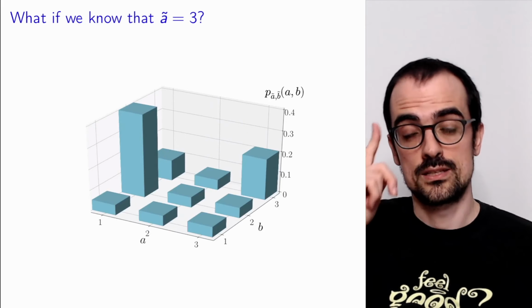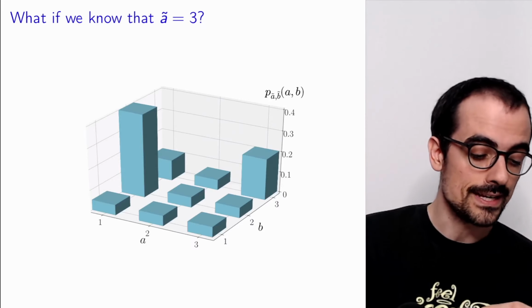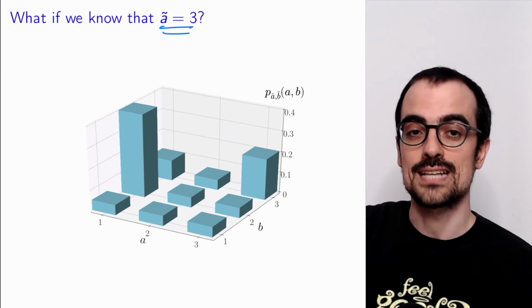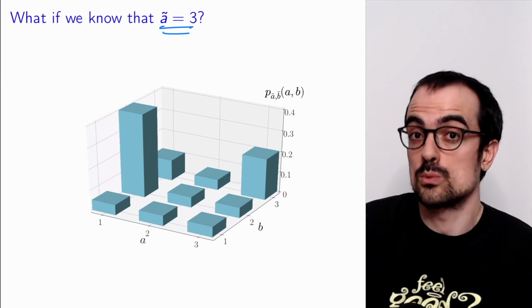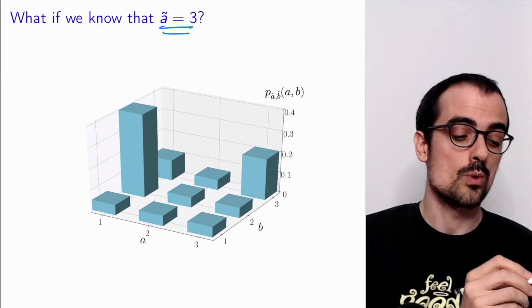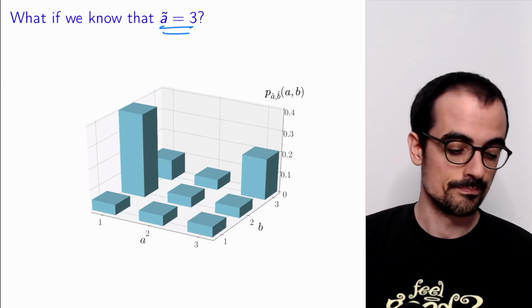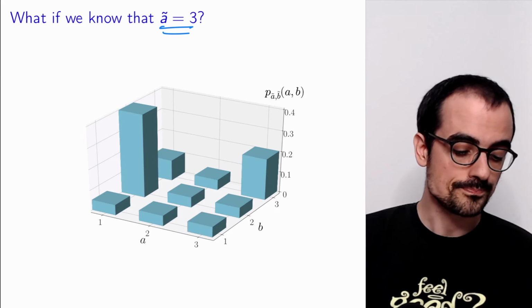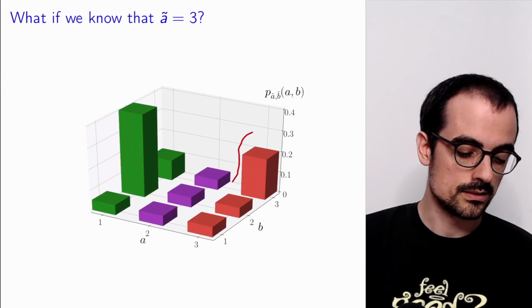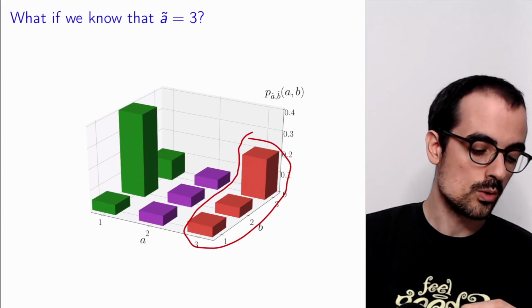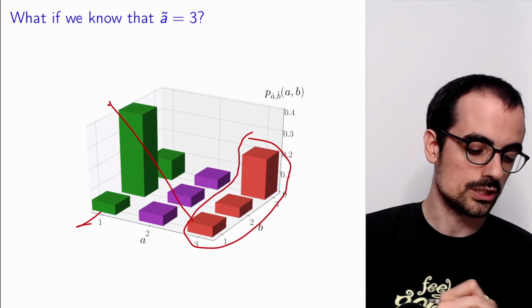Now, a different issue is when we want to actually fix one of the random variables. Maybe it has been observed, or maybe we want to see what would happen in this hypothetical scenario where that variable in particular would be equal to 3. Then what happens here is that we're only in this part of the joint PMF. We know that this has not happened.